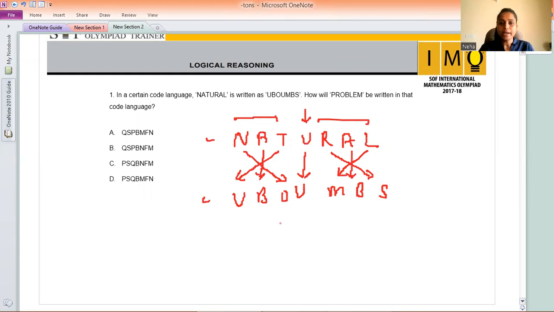So find the similar relation in the word PROBLEM. Right guys? Okay. So B remains same, and O plus 1 is equal to P. Clear? And P plus 1 is equal to Q. R plus 1 is equal to S. Right?